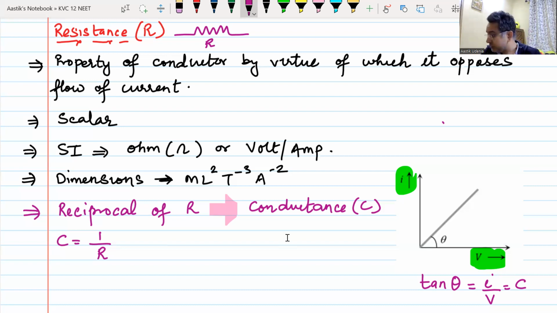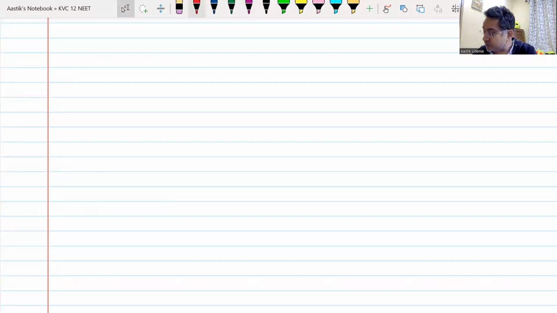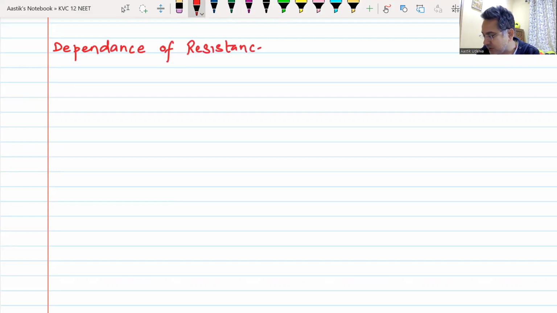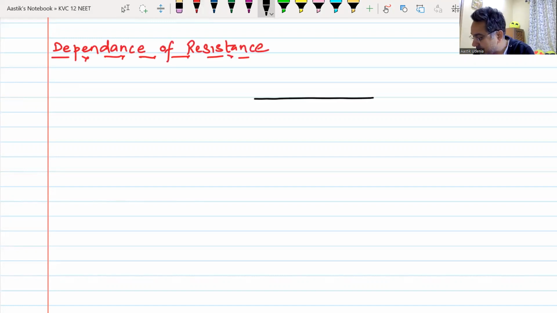Now, we are going to move on to the factors on which resistance depends. Dependence of resistance. What are all the factors on which the resistance of a conductor depends? Now, let me just draw a conductor here for academic purposes.